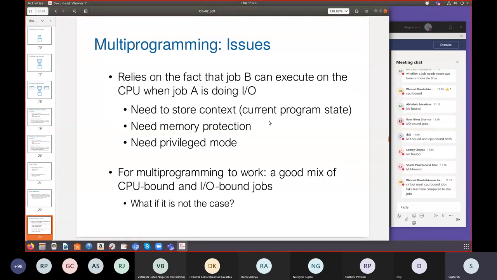These requirements were not there in a batch processing system, where only one job used to be executed till its completion. But now we want the systems to be more efficient, and for that some additional complexities need to be handled. One of them is that you need to store context.